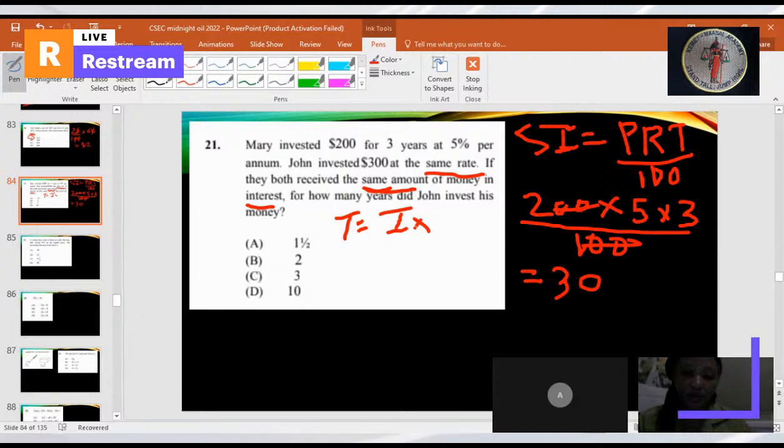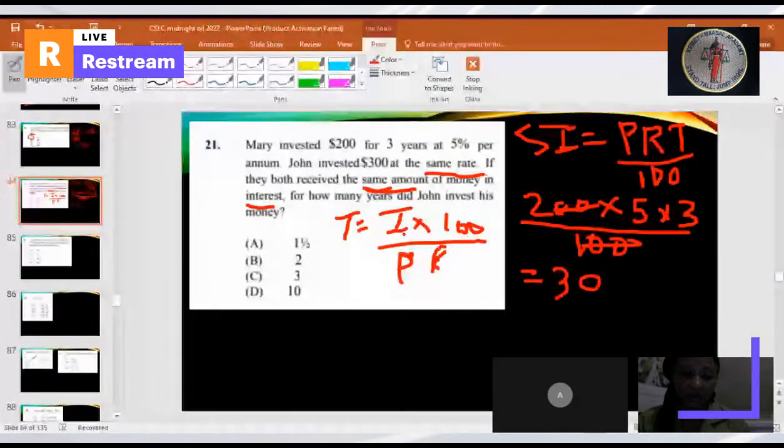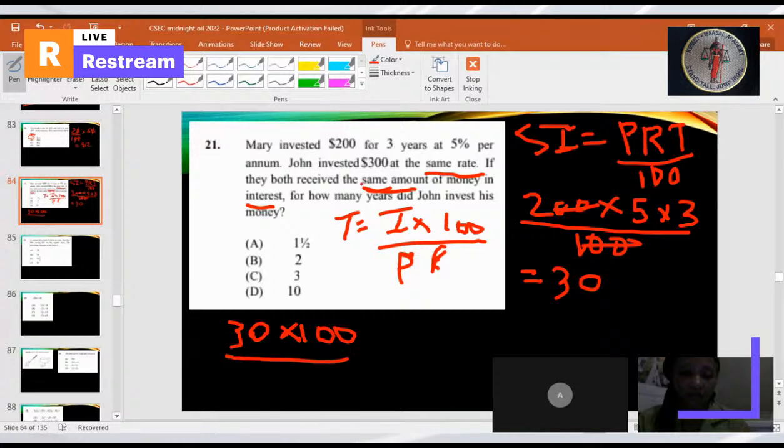For John, his interest was the same as Mary's, the $30, times 100. His principal was $300, and it's the same rate, same 5%. So to find John's time, zeros cancel. 30 over 10, and 5 into 10 goes 2. So his time was 2 years.